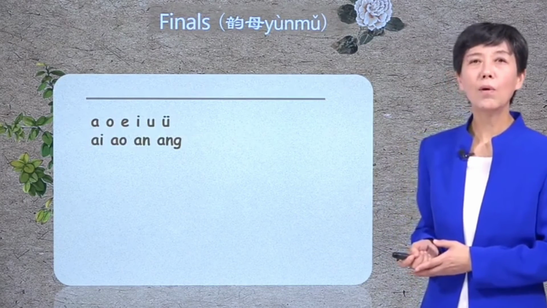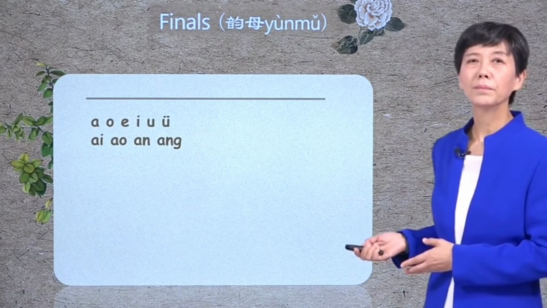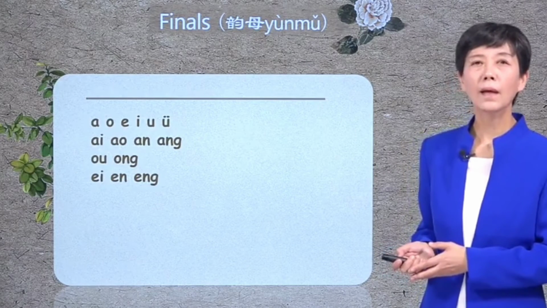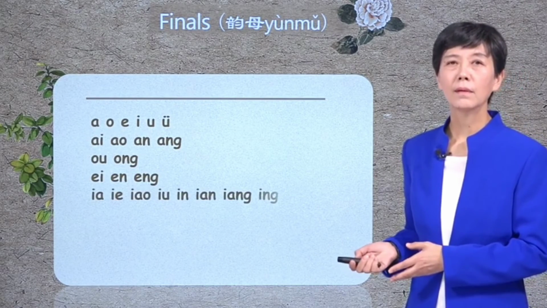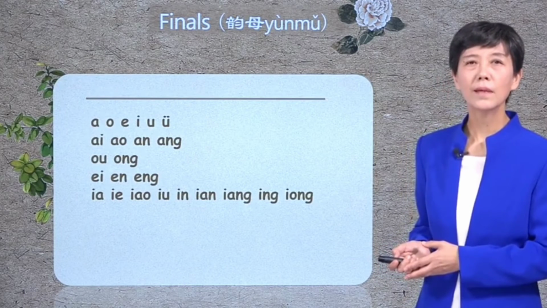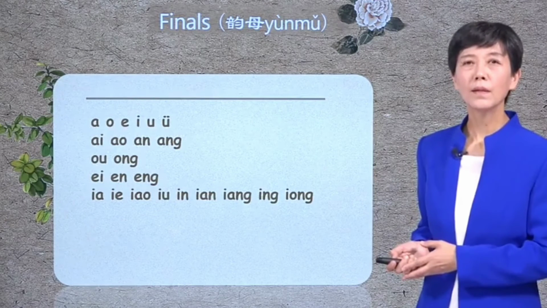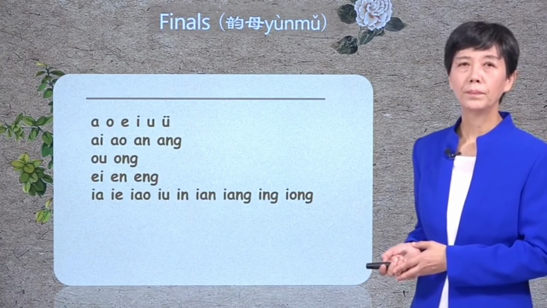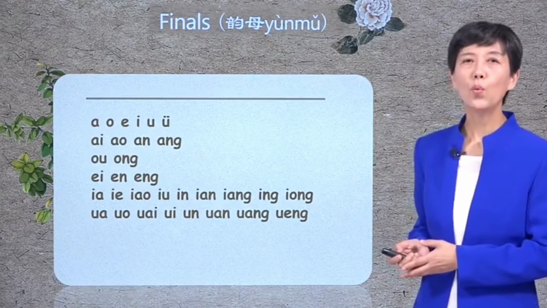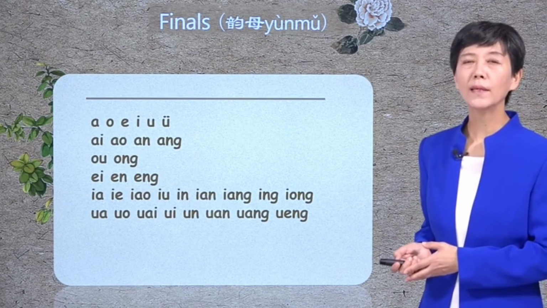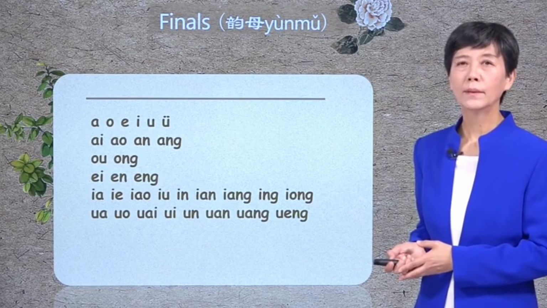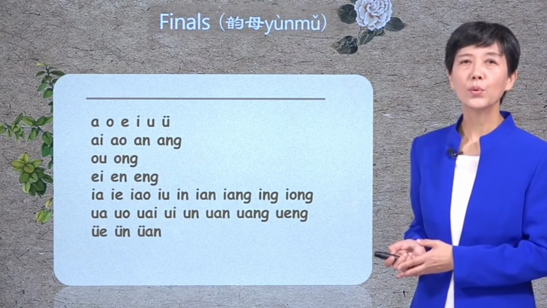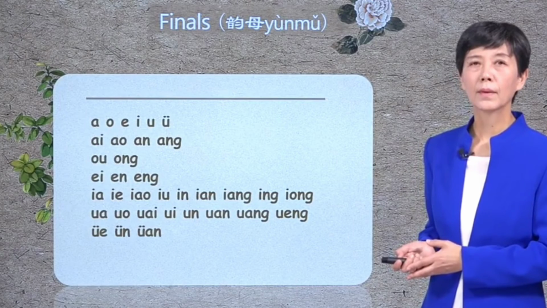Ai, ei, ao, ou, an, ang, on, ong, en, eng, Ya, Ye, Yao, You, Yin, Yan, Yang, Ying, Yong, Wa, Wo, Wai, Wei, Wen, Wan, Wang, Weng, Yue, Yun, Yuan, Er.